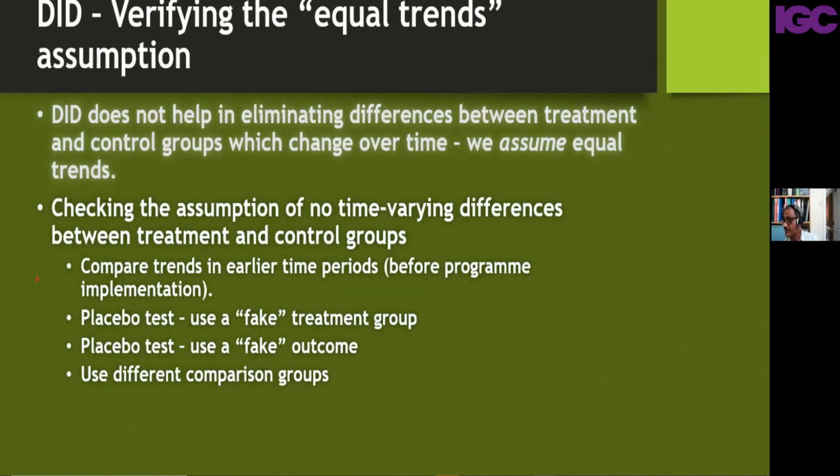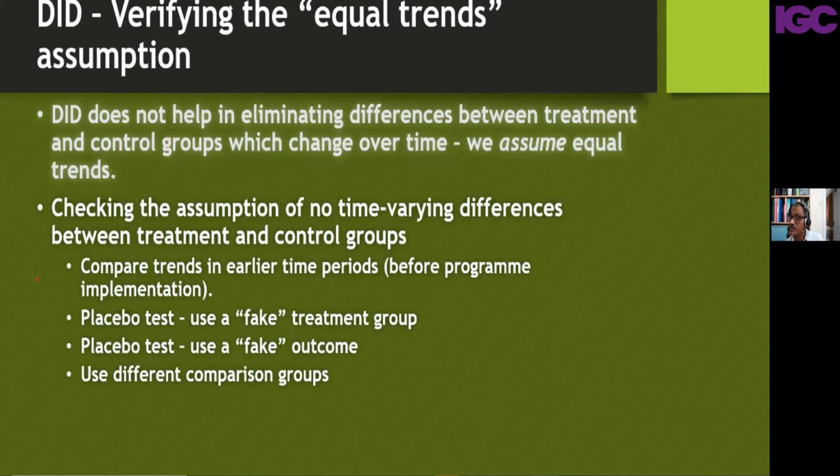Instead of comparing the block where the program was implemented with a block where the program was not implemented, suppose you take two blocks where the program was not implemented and do a DID analysis. Then again, if our assumptions are correct, you should get a 0 impact.